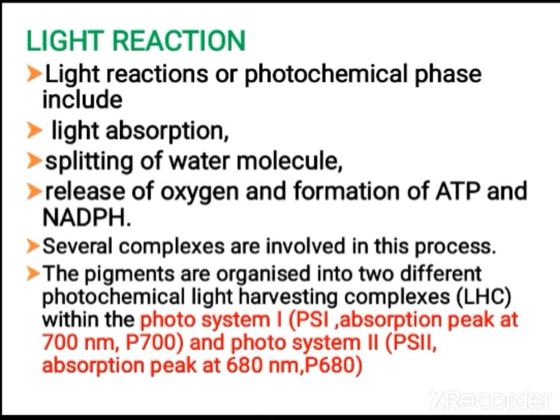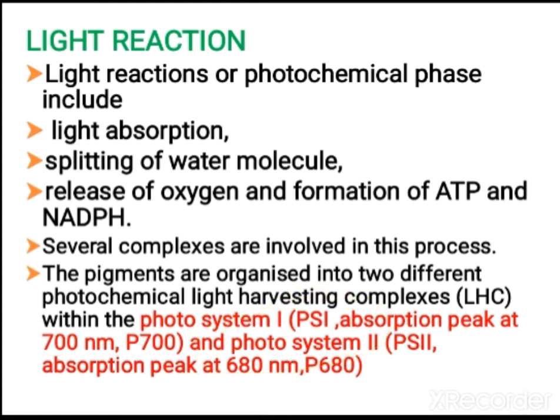Okay, so today mainly we are going to study light reaction. Several complexes are involved in this process, so let us study one by one. The pigments associated here are photosystems, which you call light harvesting complexes, LHC. Two different light harvesting complexes are there, photosystem 1 and photosystem 2.